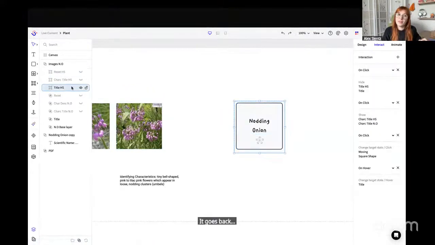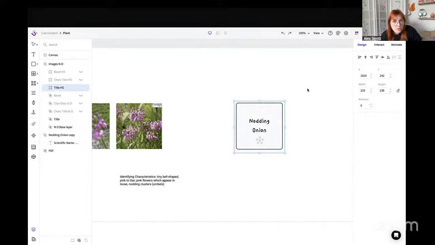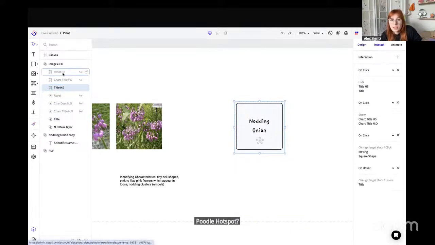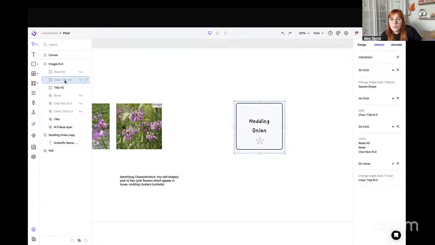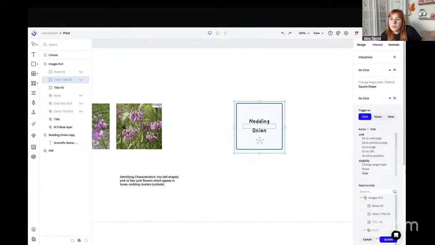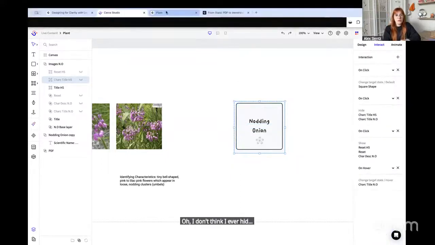What happened? Do I have another hover state on top of it? Title hotspot. Oh, I don't think I ever hid that hotspot.